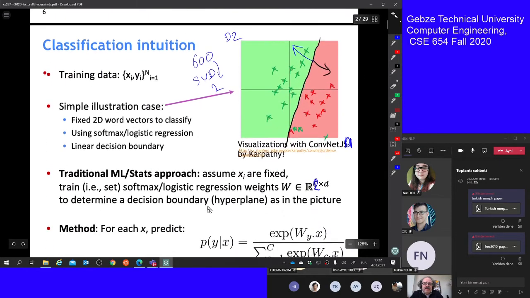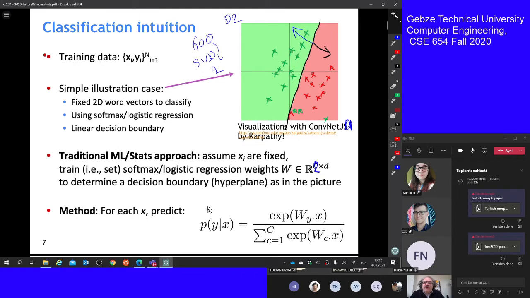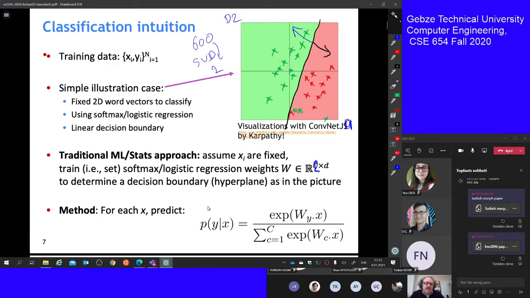Okay, and here, if we are going to use the classical traditional machine learning statistical approach, we are going to use the softmax approach. Softmax can handle multi-class models. In our case, we are going to handle either positive or negative, right? Softmax can handle many classes, like 4, 5, 6, 7, 10, 1,000 classes, doesn't matter. But we are going to use it as a 2-class classifier. Softmax works this way.